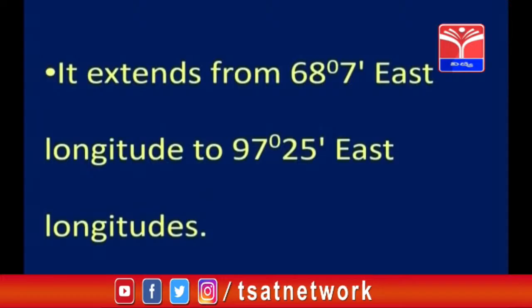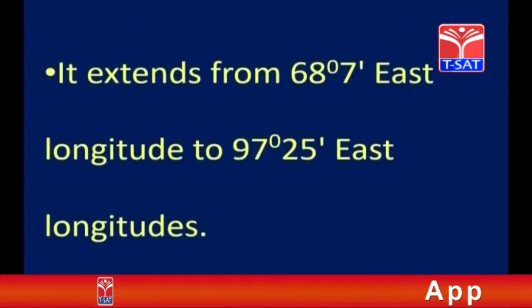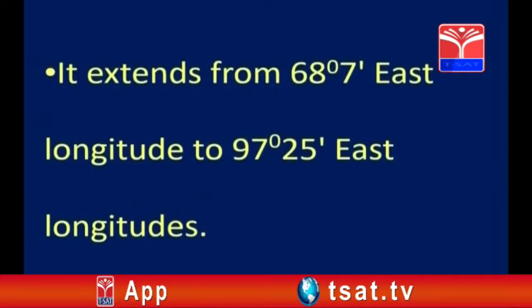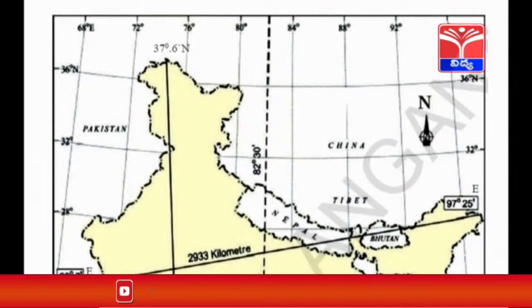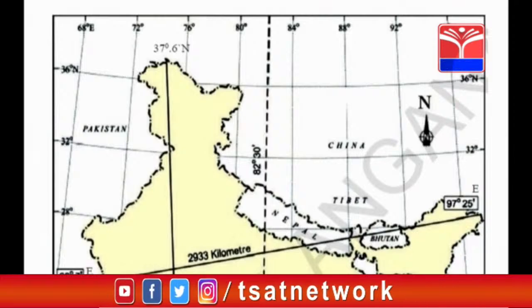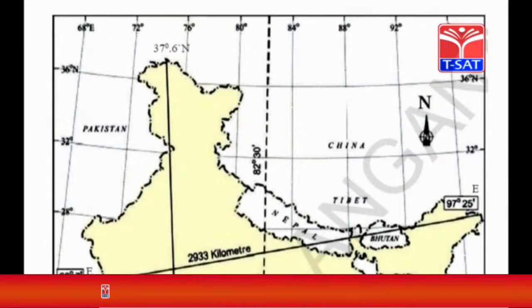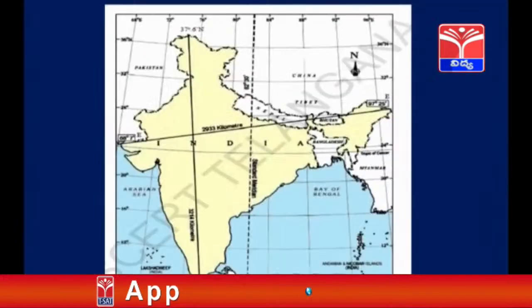It extends from 68 degrees 7 minutes of the east longitude to 97 degrees 25 minutes of the east longitude. Observe this one. Towards the east and the west, from Gujarat up to Arunachal Pradesh, the main longitudes we can see here.